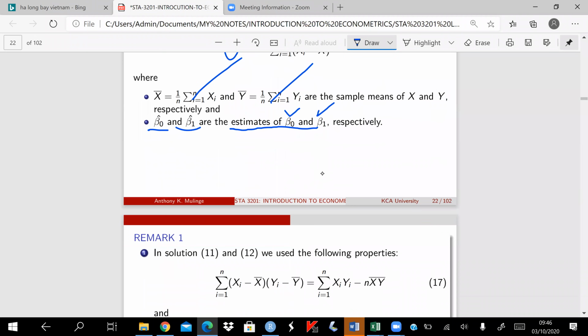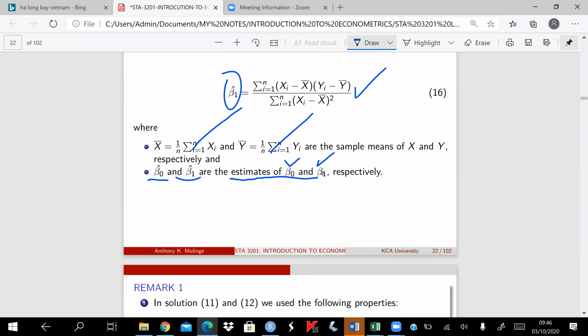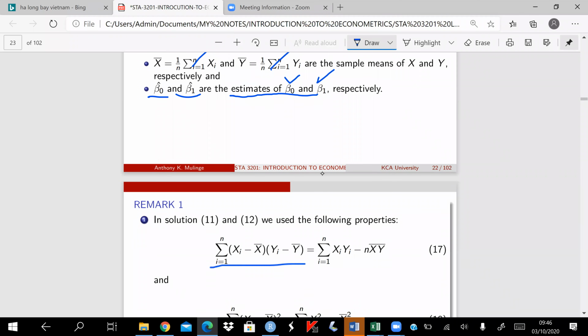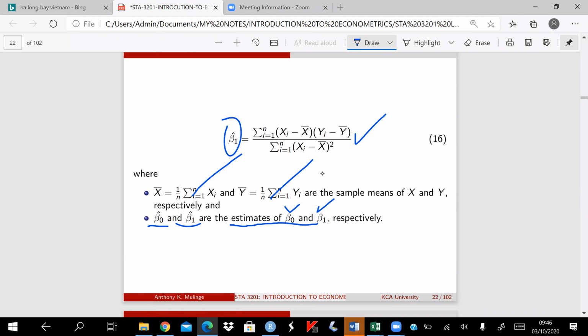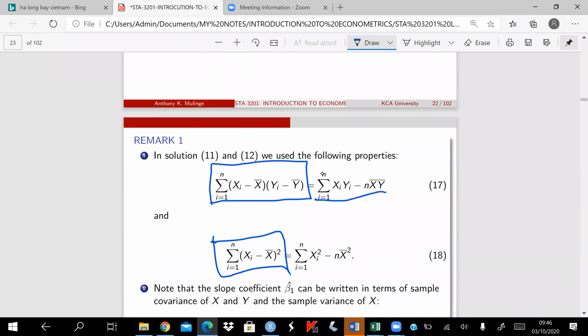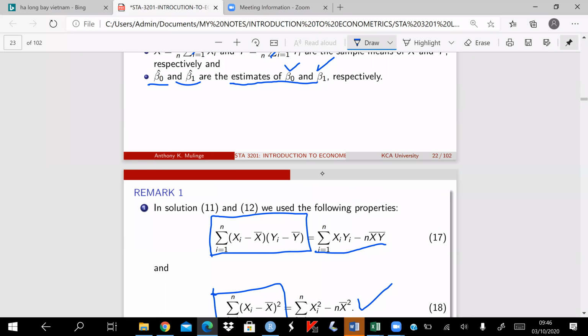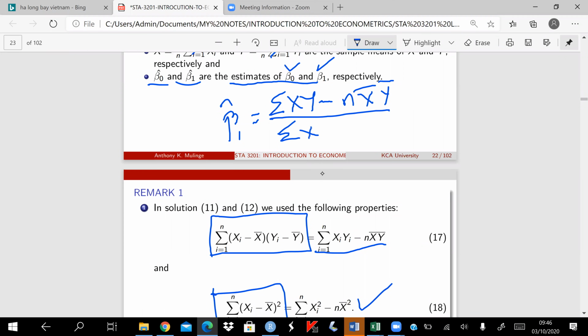Then it's good for you to note that these formulas, especially number 16, can be simplified or written in another format if you express the numerator and the denominator in another form. So beta 1 estimate can also be written as summation of xy minus n x bar y bar, divided by summation of xi squared minus n x bar squared.